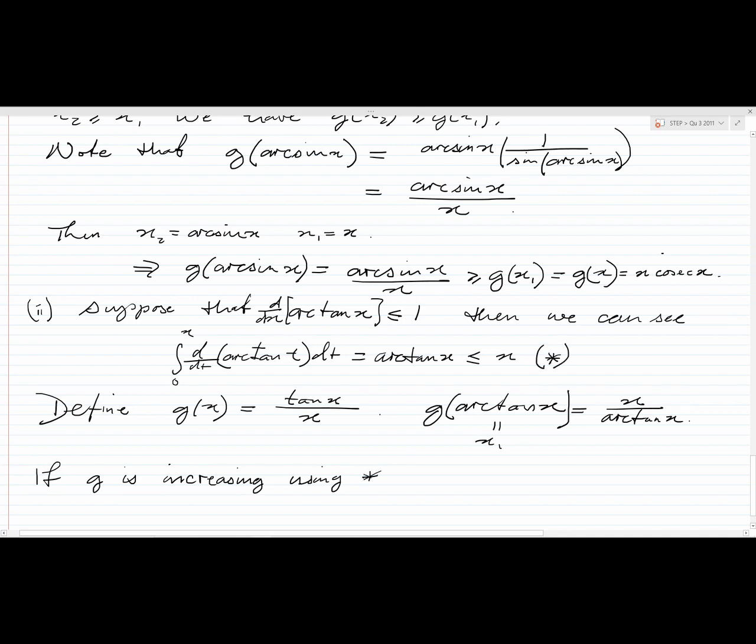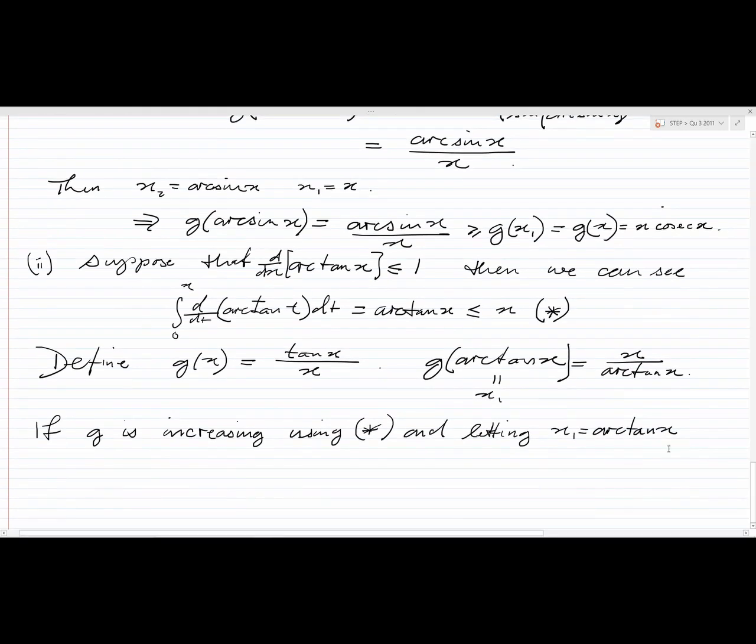Using star, we note that g2 of x will be greater or equal to g1 of x. And letting x1 equal arctan x, and then x2 will be just x.